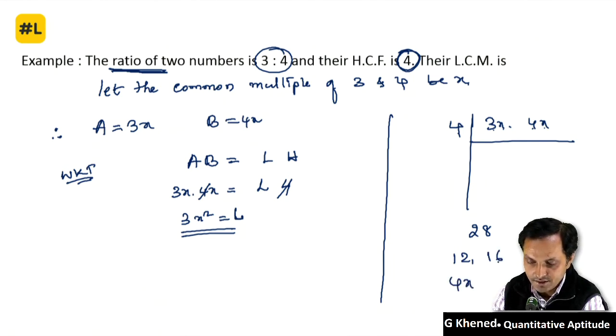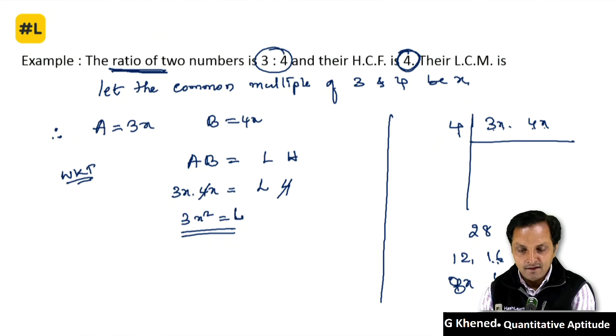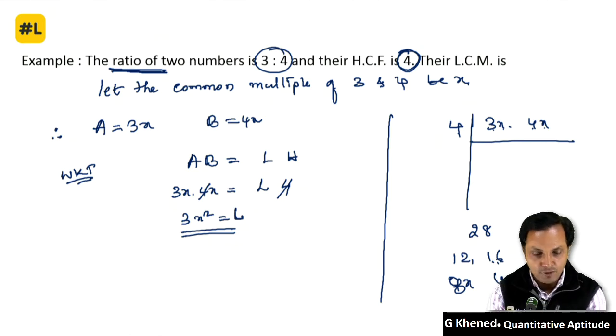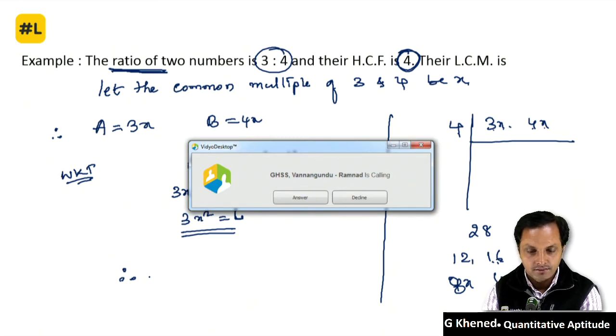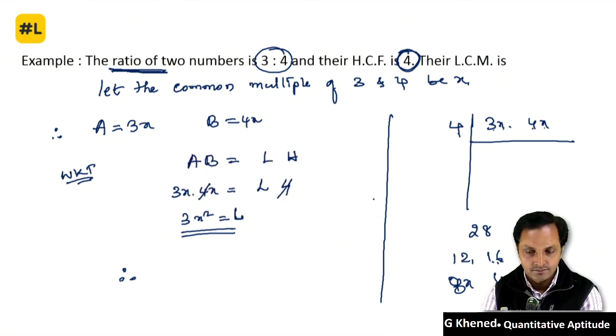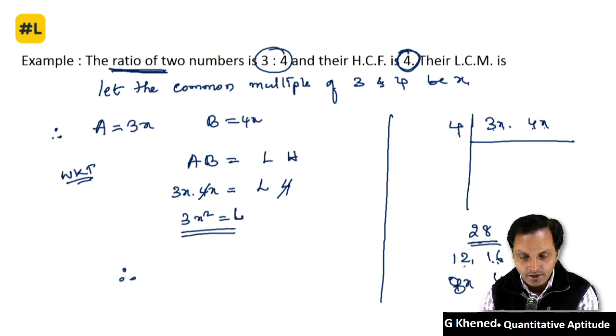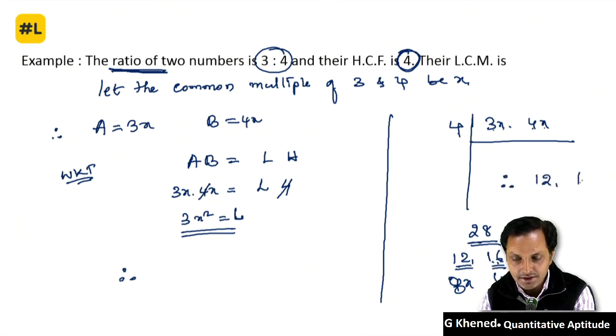This is 3x and this is 4x. So here 28, you are getting 12 and 16. So therefore, what you can say is 12 and 16 are the two numbers.